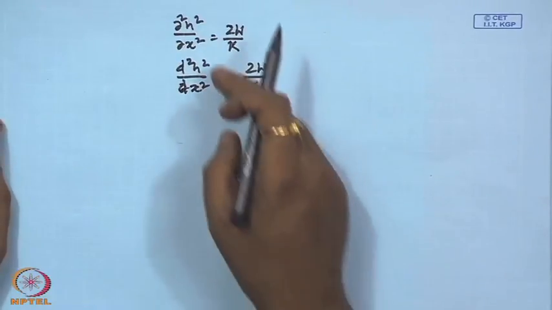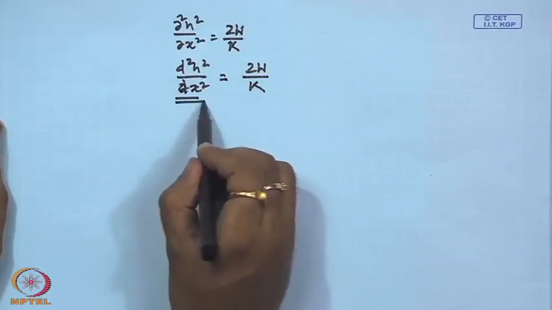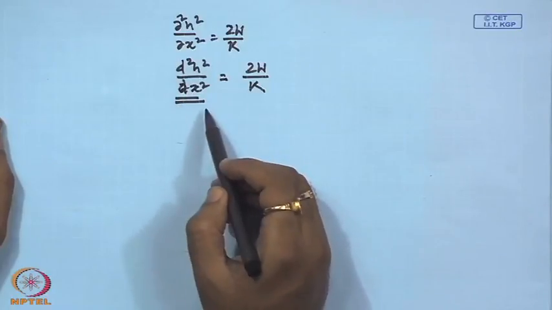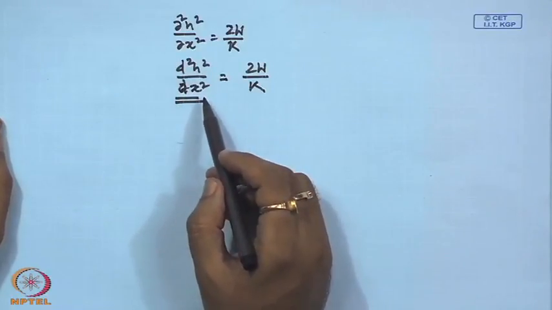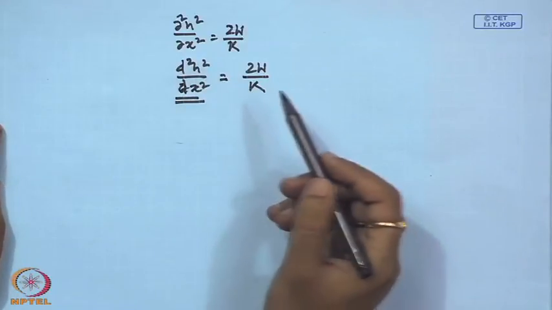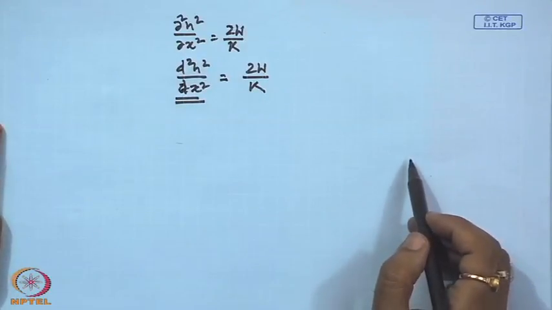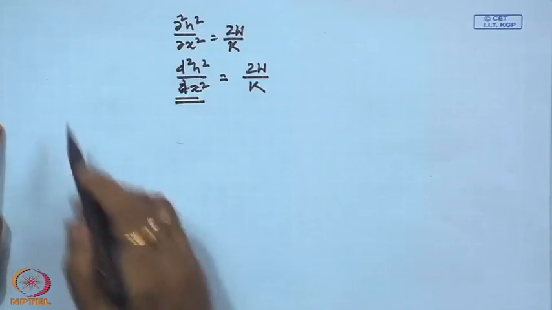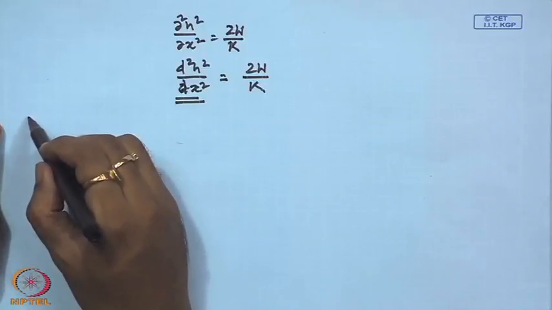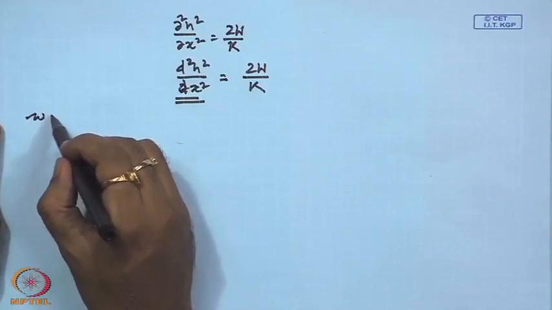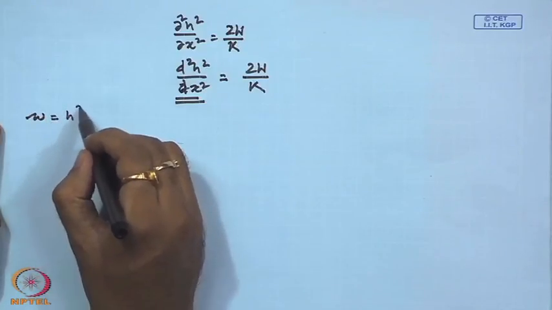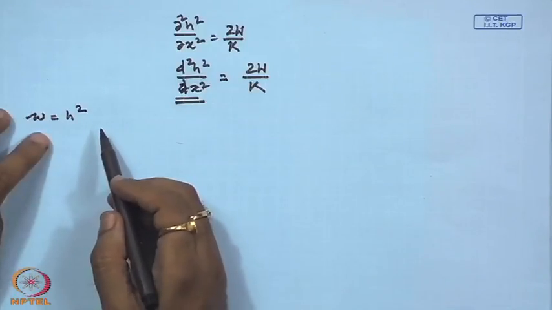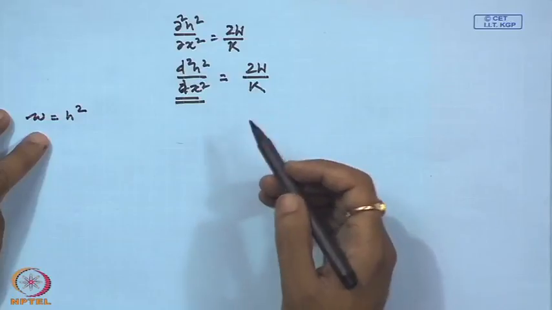Now we can apply finite difference discretization to the left hand portion, but the problem is that it has the h squared term. So what can we do? We can substitute another secondary variable, small w, equal to h squared. With this replacement our equation becomes a linear equation.